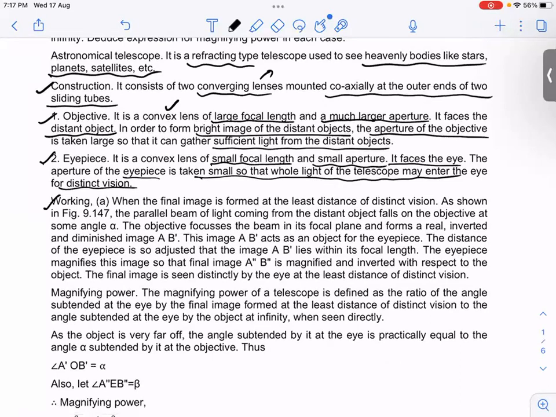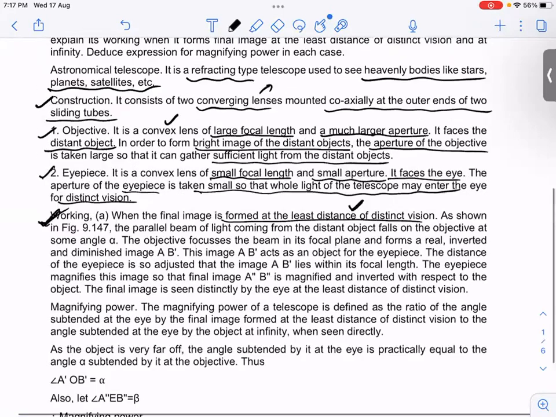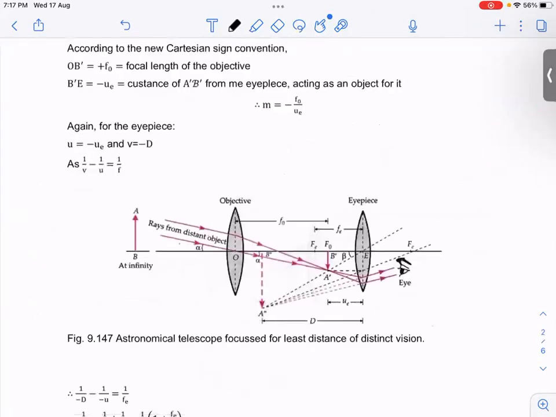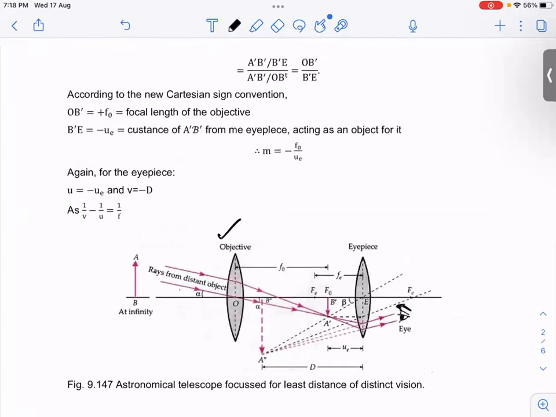Listen. Here also you'll observe the final image being formed at two positions. One is the least distance of distinct vision, and the second is infinity. So when the final image is formed at the least distance of distinct vision, if you look at the ray diagram, the objective focuses on distant objects, right?